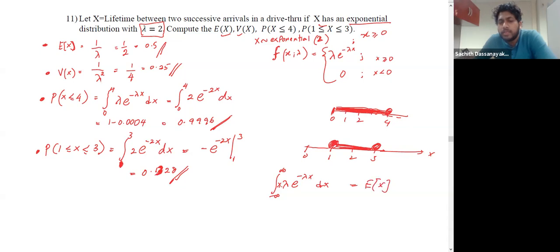Using this we figured out the equation 1 over lambda; once you do this integration, you will see the answer is 1 over lambda. If you don't remember the exact expected value for those, then you have to calculate it like this.